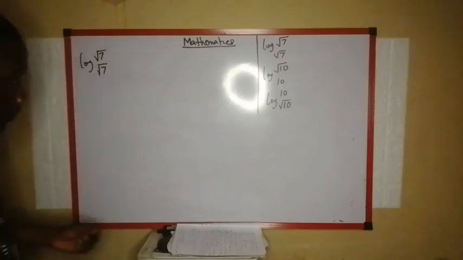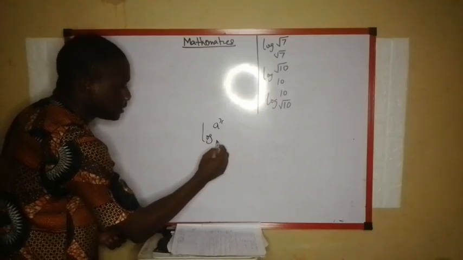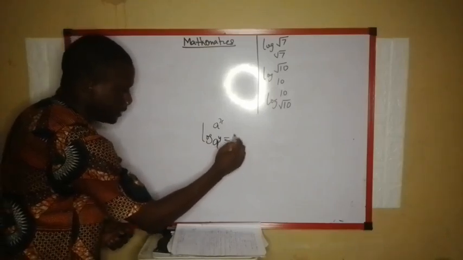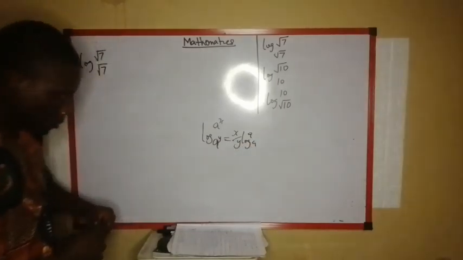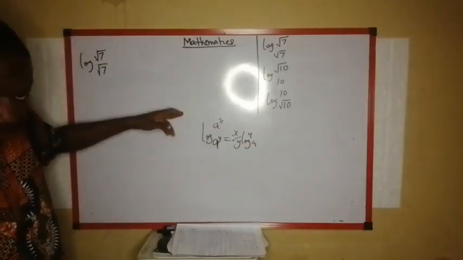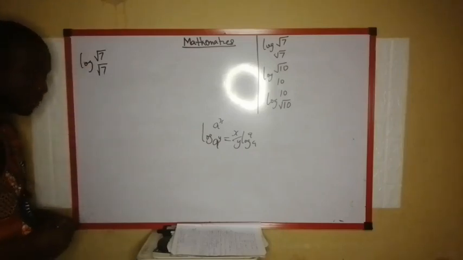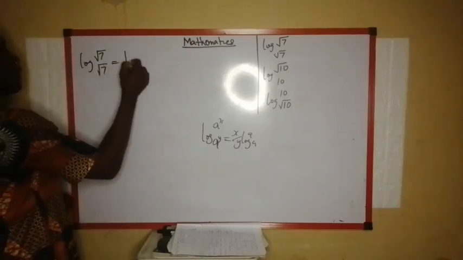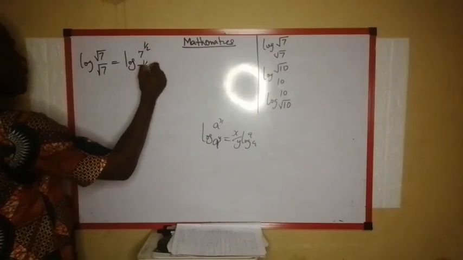Like I said before, if you have log a raised to power x base a raised to power y, it is x over y log a. You just brought x back and you brought y back. So log root 7 base root 7 is equal to log 7 raised to power half base 7 raised to power half.